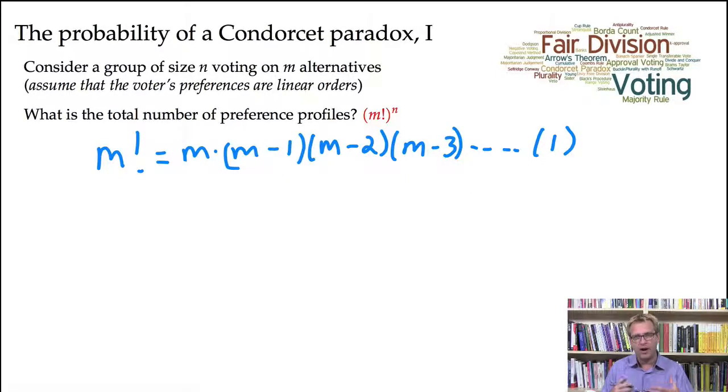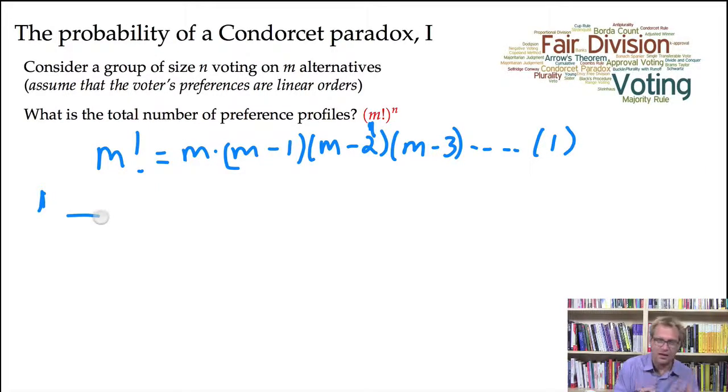So how did we arrive at this number? m factorial counts the number of ways that you can come up with a linear ordering over a set of m candidates. Think about what a linear ordering is. You have to say which candidate comes in first.